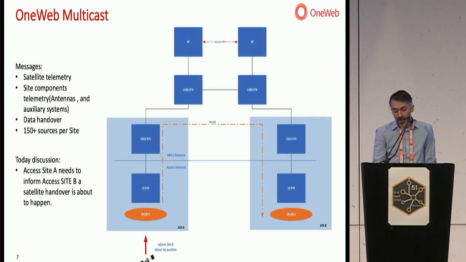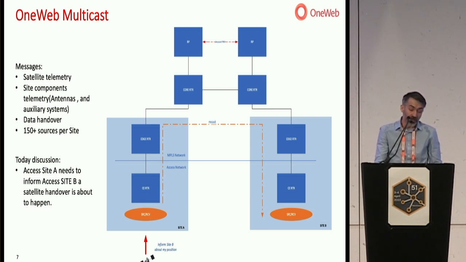In terms of multicasting, why do we need it and how do we use it? There are many use cases in our network, and most important, it's the satellite communication, handovers between satellites, some telemetry systems, and a bunch of other traffic that requires multicast. So for our solution to work, multicast needs to be enabled and working as expected.